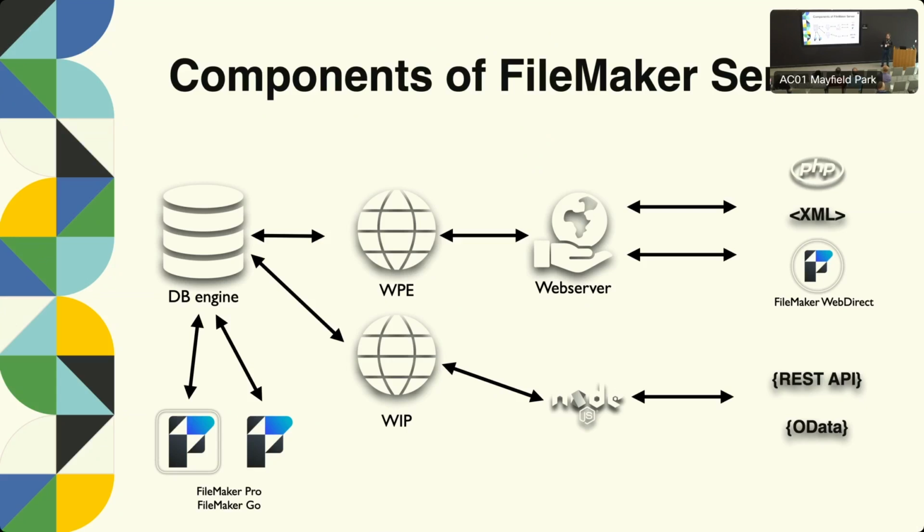So there are some links into the database engine. And we have a new engine called the WIP that serves through Node.js, which is a kind of web server as well, that speaks JSON into REST API and OData. And then we have the native FileMaker clients that connect directly to the database engine. So in roughly an overview, this is how the server is structured under the hood.